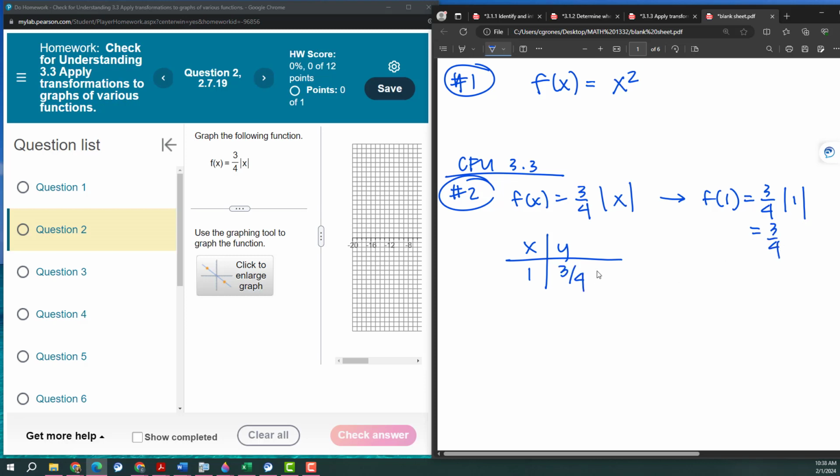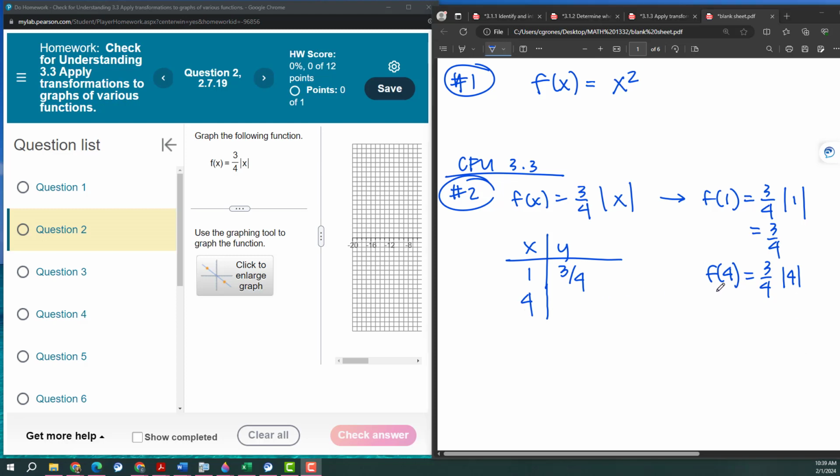Okay, let's look at the number 4 for x. Since we've got 3/4, let's look at 4. So f of 4 equals 3/4 times the absolute value of 4. So what is an absolute value?